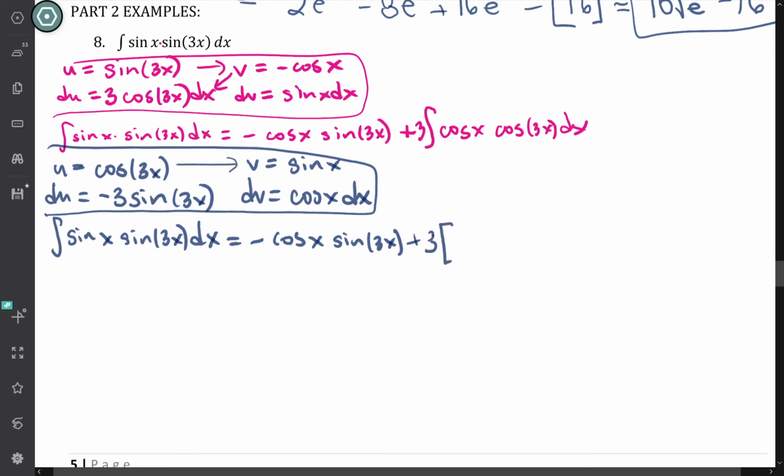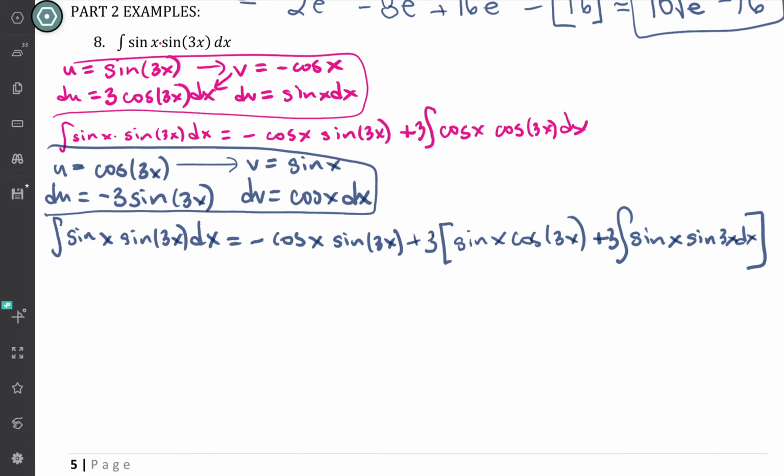So U times V is sine x cosine 3x minus the integral of V du. Okay, so I see there's going to be another minus, and there's going to be a 3, and then it's sine x sine 3x dx. And I'm just going to guess that you're probably still not very impressed.